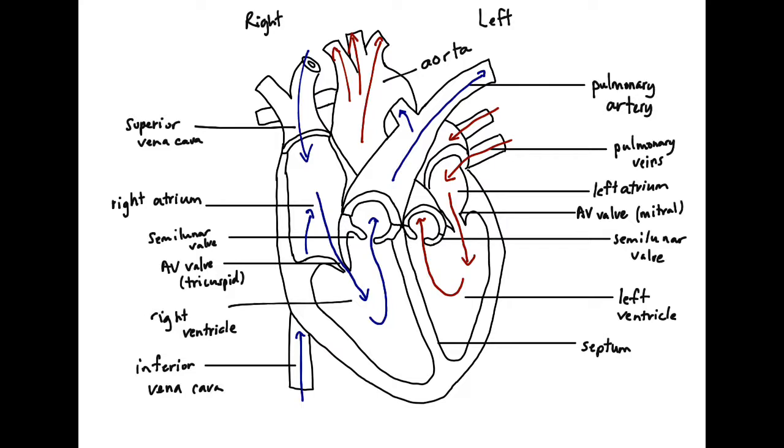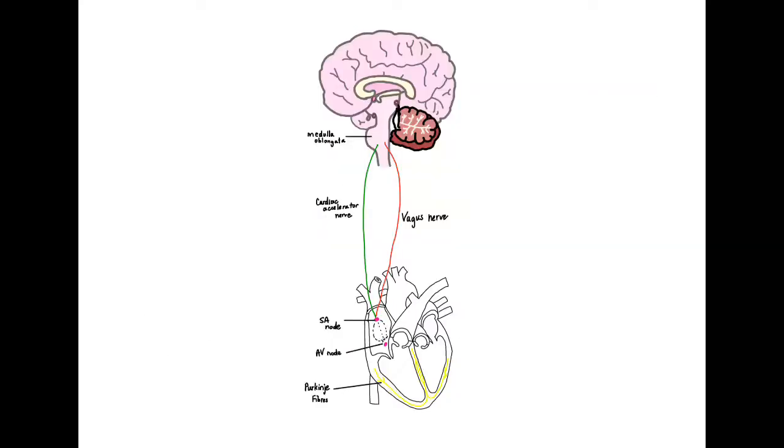You also need to understand how heart rate is actually regulated. So you actually have in your brain, in your medulla oblongata, a bundle of nerves that helps to detect different changes in levels of carbon dioxide, pH, those types of things to help regulate the heart rate.